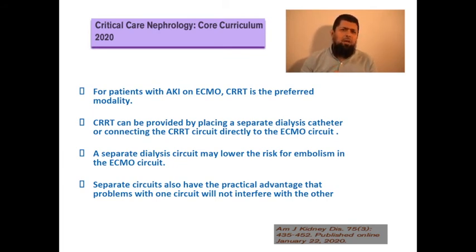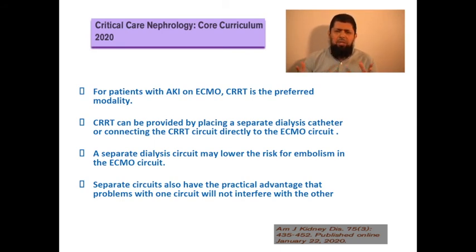We should aim for a negative fluid balance in patients with ARDS secondary to COVID-19 infection, with a target CVP less than 4 and pulmonary capillary wedge pressure less than 8. And for those patients with AKI on ECMO, CRRT is the preferred modality, and you have been doing this over the last years here in Adan Hospital.